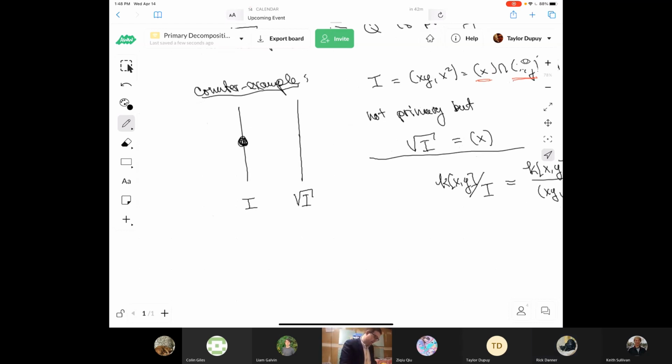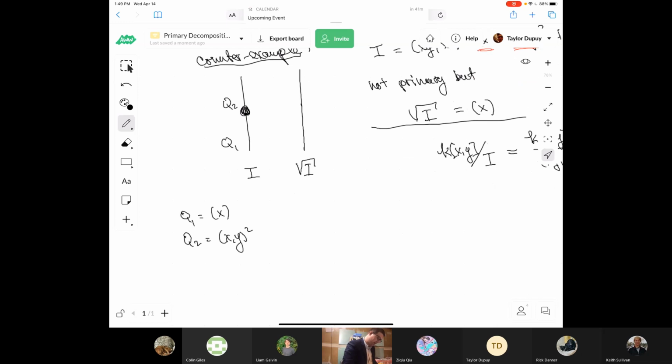So here, note the radical. Okay, so we have two primary ideals. We have Q1, which is this big line, and then we have Q2, which is the fat one. So Q1 here is (x), Q2 is (x, y squared).